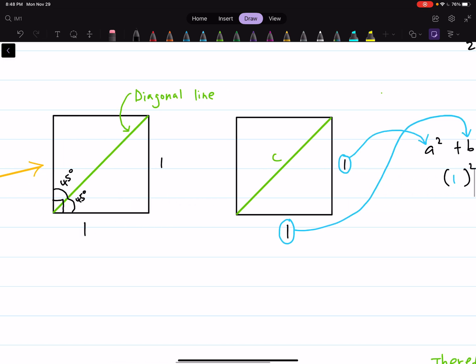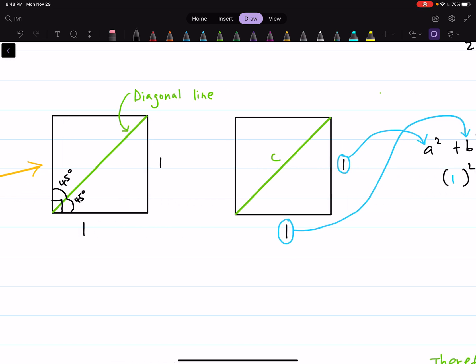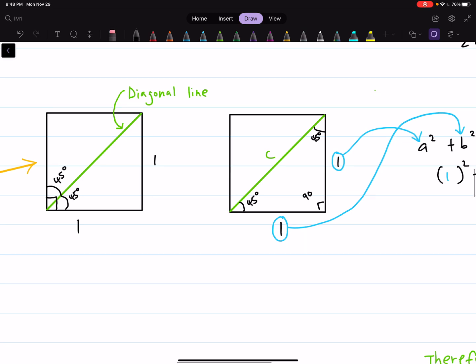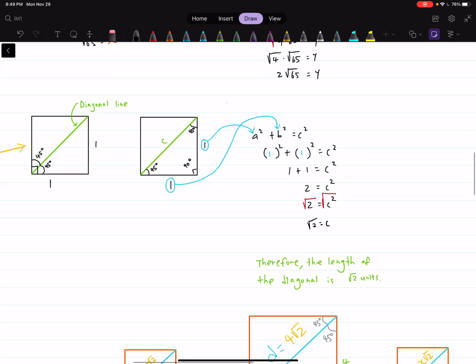The reason this is special is because now we're talking about a special triangle called a 45-45-90 triangle. That is a very special triangle that you will see over and over again in your math careers, and that's what we're discovering right now. So the 45-45-90 special right triangle is what it's called.